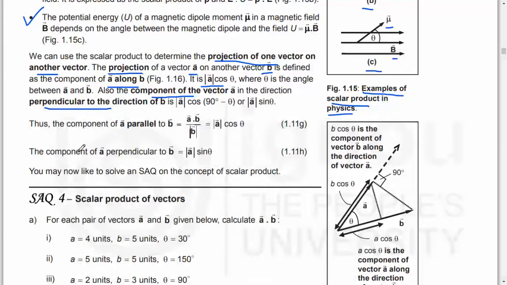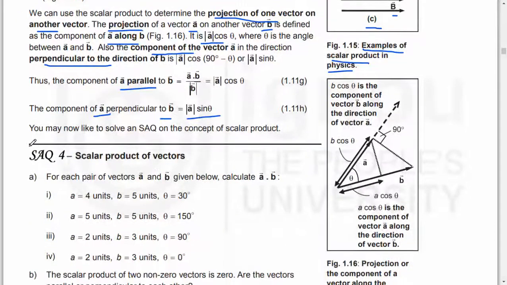Thus the component of A parallel to B is A dot B by the magnitude of B, A cos theta. The component of A perpendicular to B is equal to A sin theta. You may now like to solve an FAQ on the concept of scalar product.